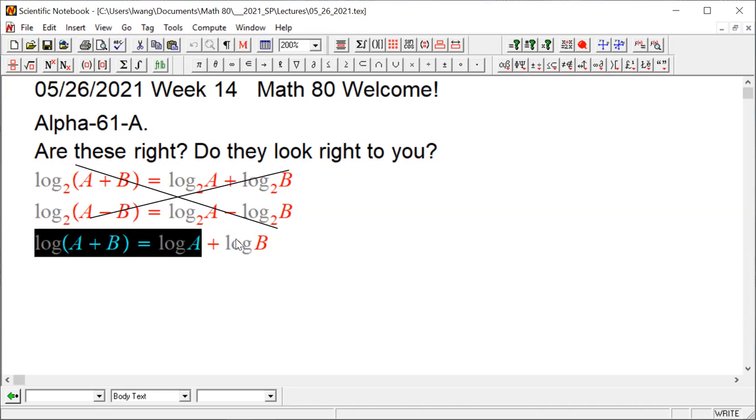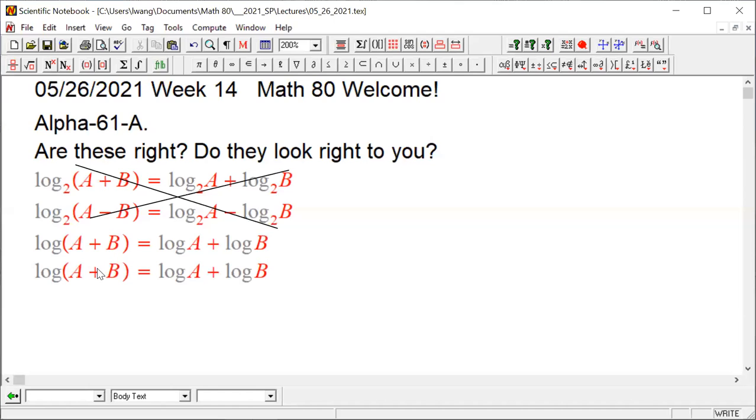Common log of a minus b equals that. And they are completely wrong as well, even though they look very intuitive. And what is more, I want you to write these down so you do not make these mistakes.